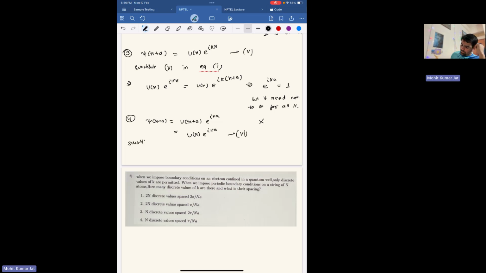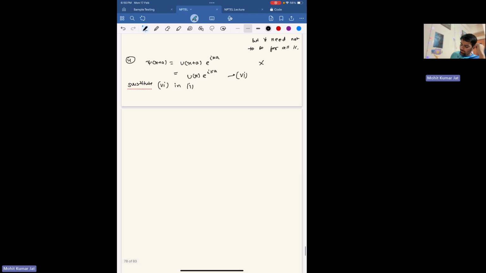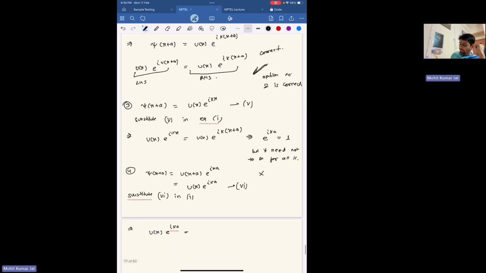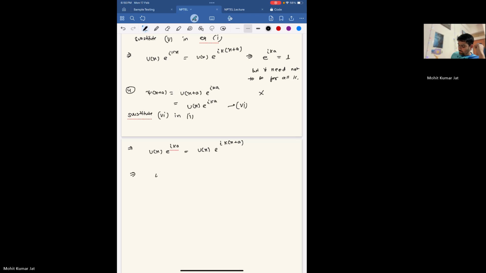Substitute 6 in 1. And what we get is u of x e to the power i k a is u of x e to the power i k times x plus a. This gives e to the power i k x equals 1, which is not true. So this is also incorrect.